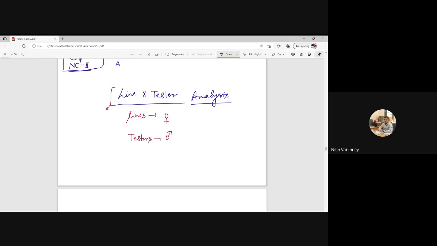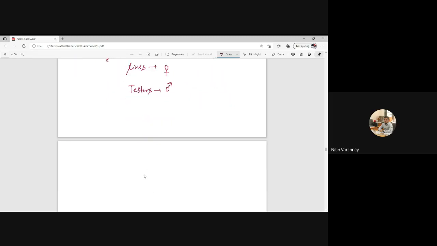Okay, so lines are, suppose I am having different rice varieties. Suppose, for example, can you tell me what different varieties of rice there are? Anyone? IR28.